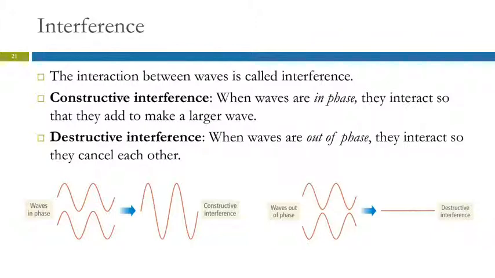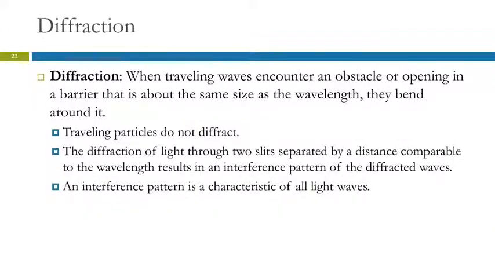This is also how noise-canceling headphones work. So noise-canceling headphones take the sound in from your surroundings and shift it slightly and add it back in, and then it cancels out the noise and you don't hear anything. Pretty awesome. So constructive and destructive interference.